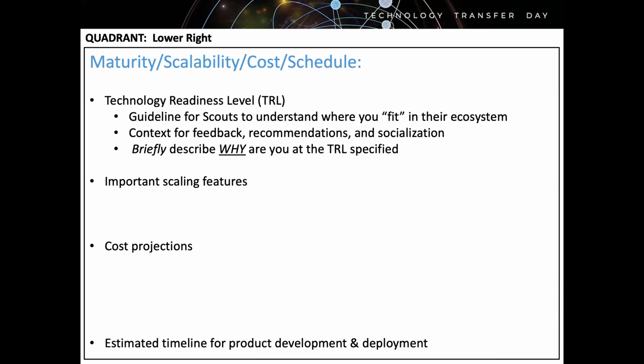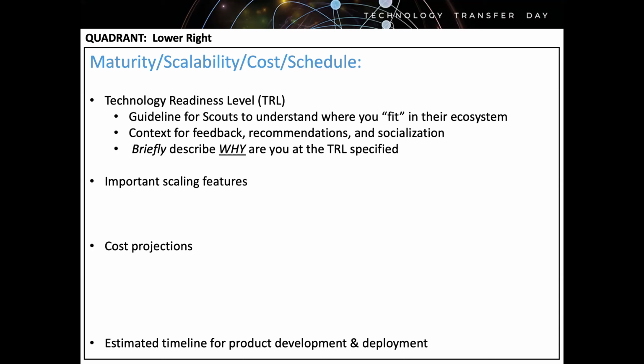It also is going to provide them with some context for their feedback, their recommendations, and those socializations, making sure that the information they provide you is also relevant to where you are in your stage of development.